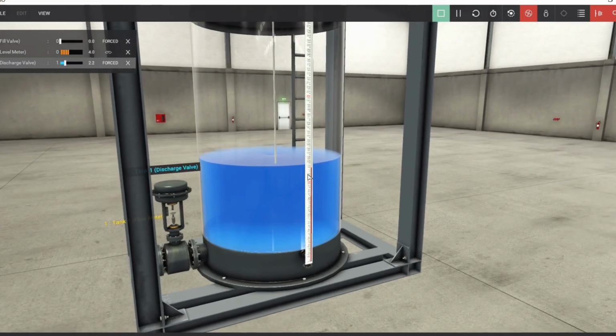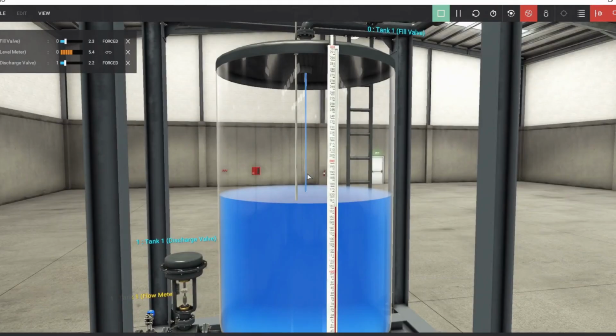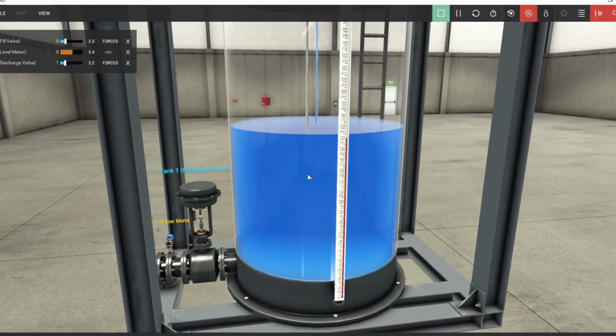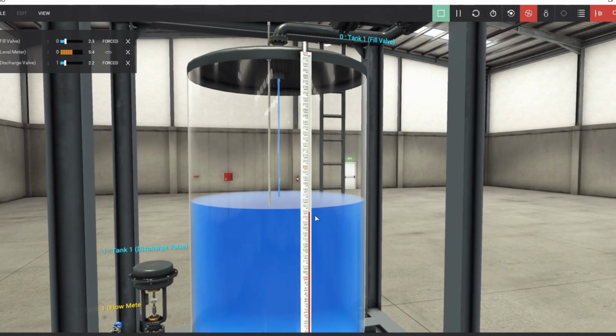And that's it. So now what we are going to do is try to find the equilibrium point where the water level is stable in the middle of the tank. Okay, so we have left the discharge valve fixed and we have adjusted only the inlet valve to find a value around which the water level is constant.